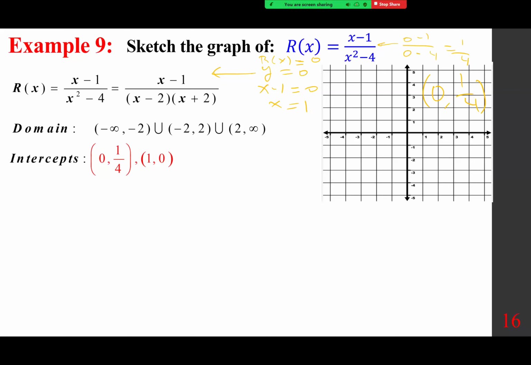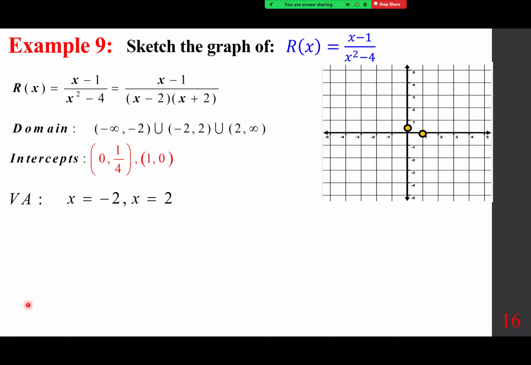Let's clean up. Let's put those two on the graph. We have (0, 1/4). We have (1, 0). Vertical asymptote, x equals 2, x equals -2. You set the denominator equal to 0.